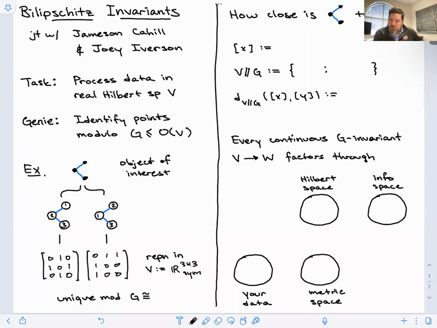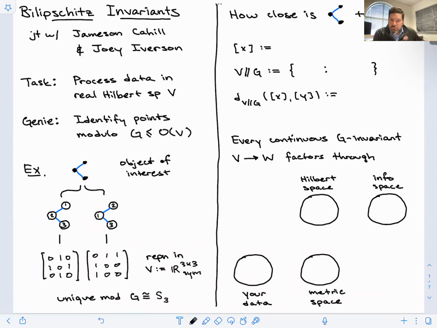The representation is not unique, but it is unique if you mod out by a group of isometries, a group of members of the orthogonal group of this big honkin' vector space, okay? In this case, the group is going to be isomorphic to the symmetric group on 3 letters, okay?